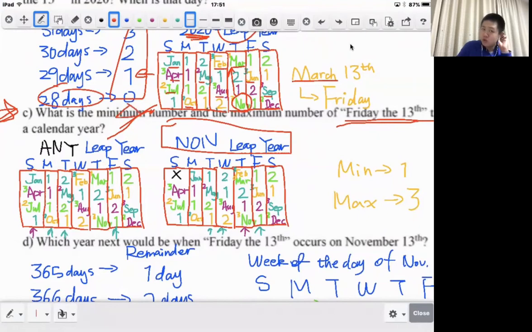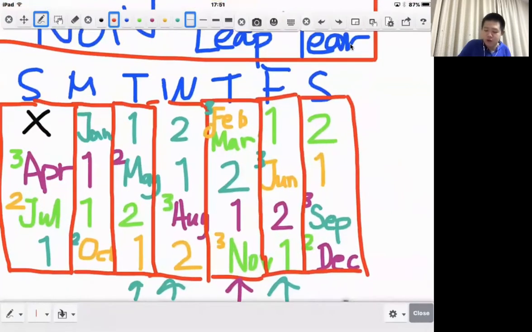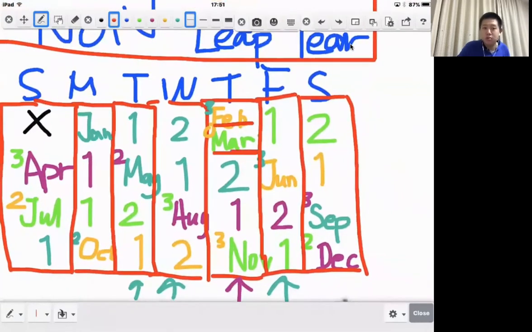It's 4 whole weeks with no remainders, meaning that you will have the same on February and March. So you're just shifting all of January and February rightwards by one day. So for this group now you have January and October. And for this group, you have February, March, and November.